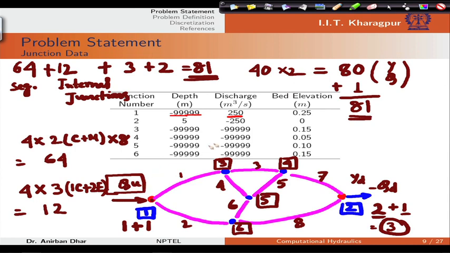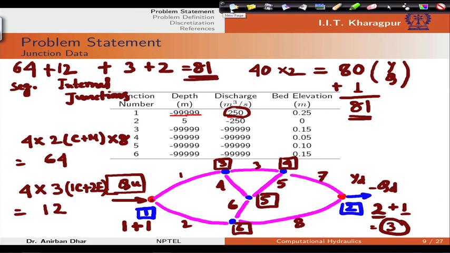But what we can do is directly specify this QU value during our calculations. Obviously, we can directly specify this 250 meter cube per second value here, and we can reduce one unknown variable, because the inflow from this particular node, which is external junction node 1, should be equal to QD, which is coming out from external junction node 2.